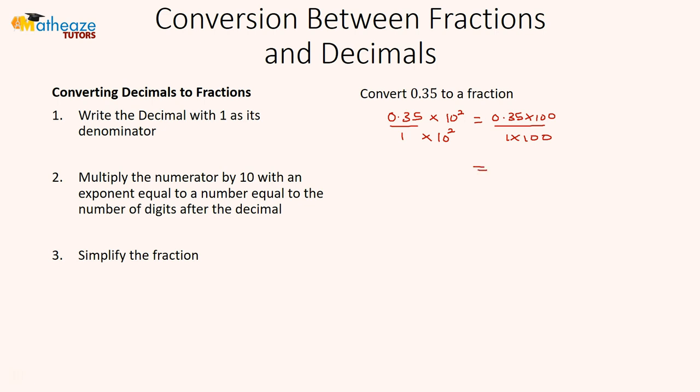So the 100 gets rid of the 2 decimal places. So we have 35 divided by 100. We divide this by 5, we get 7. Divide this by 5, we get 20. So this is going to be 7 over 20.